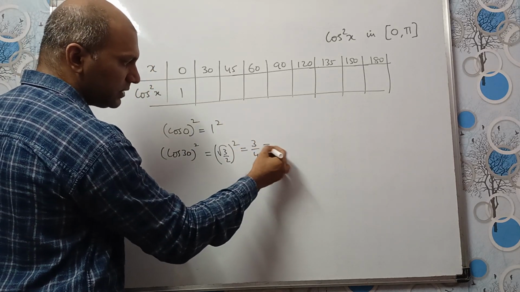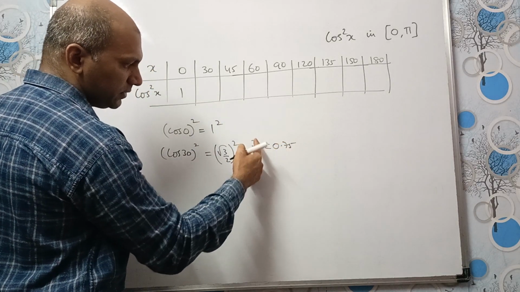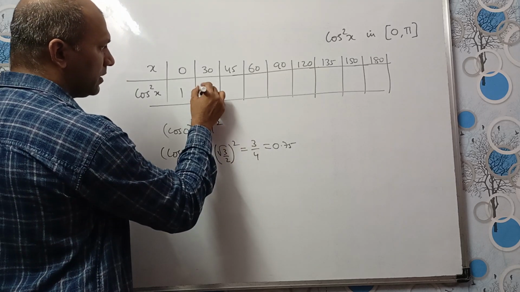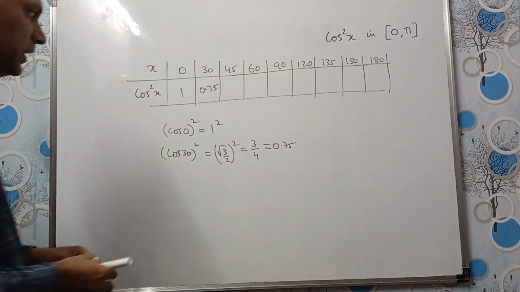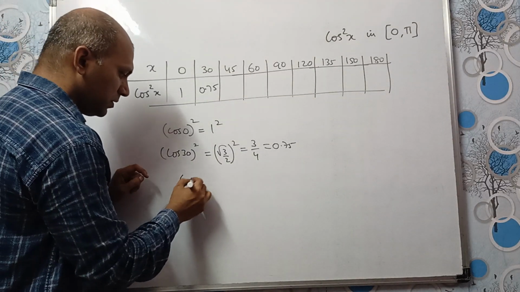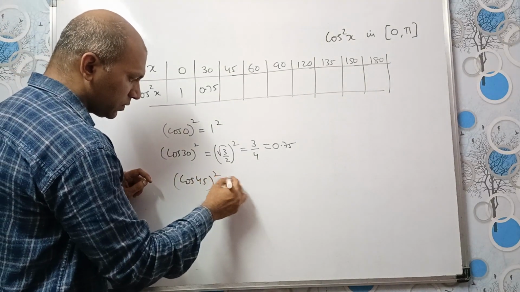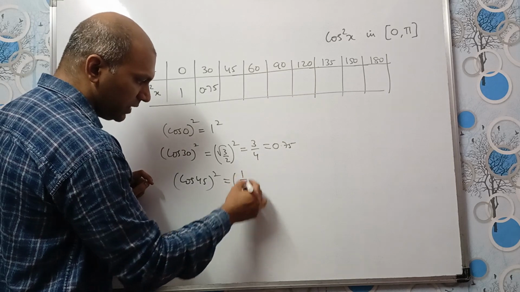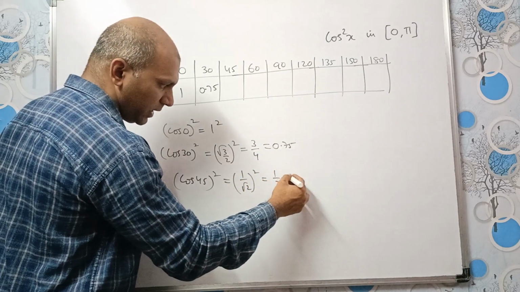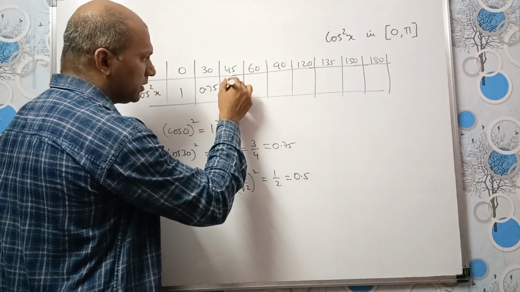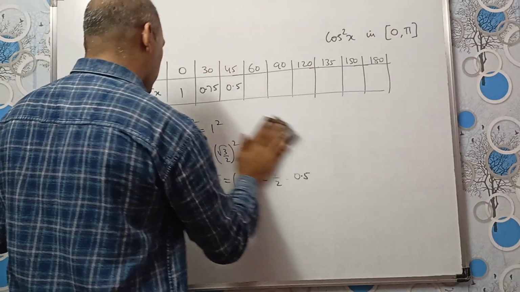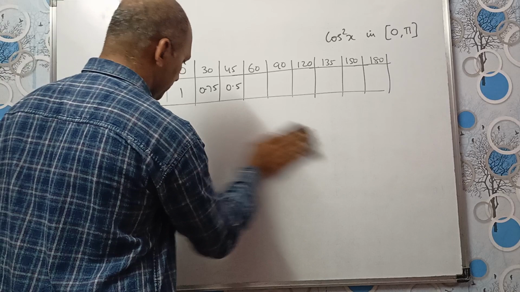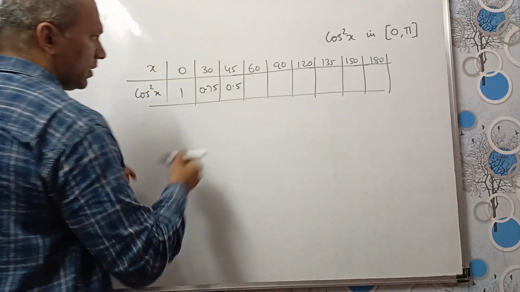Right? 3 by 4 is 0.75, 3 quarters. Now cos 45 whole square. Cos 45 is 1 by root 2. 1 by root 2 whole square is 1 by 2. This will be 0.5. And we will find the other values. Cos 60.